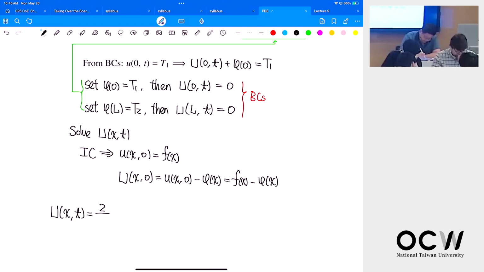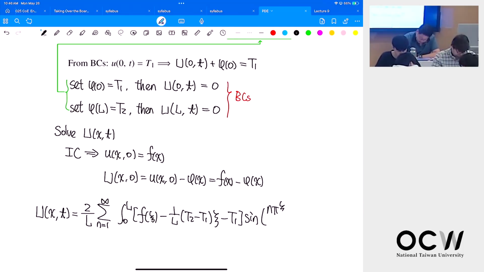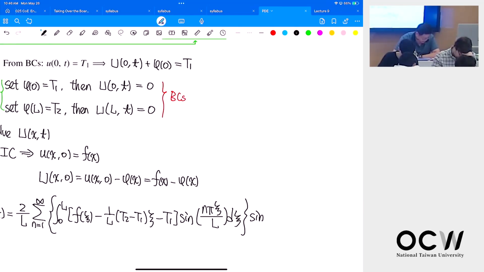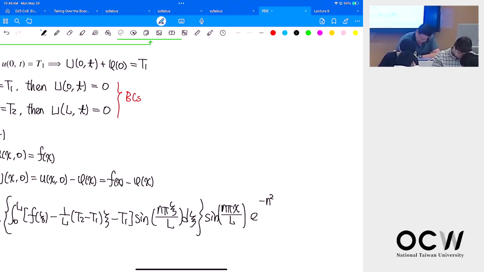Therefore, your U will be 2 over L, sum n equals 1 to infinity, the coefficient integral of f of x minus phi of x, where phi of x is here, times sine n pi ξ over L dξ, overall times sine n pi x over L, and times exponential minus n squared pi squared a squared t divided by L squared.